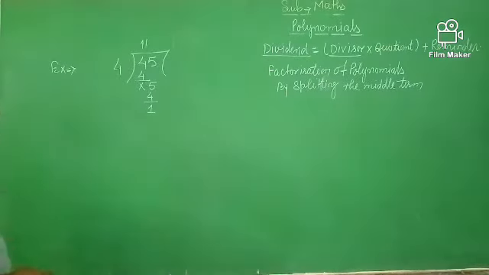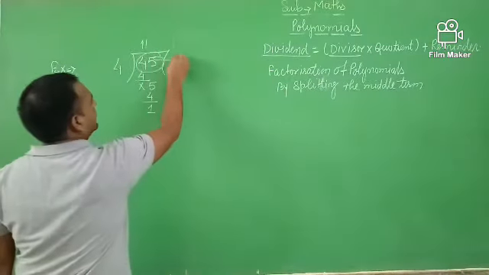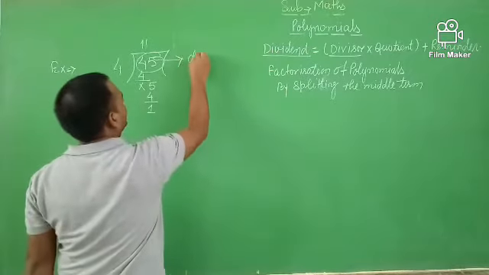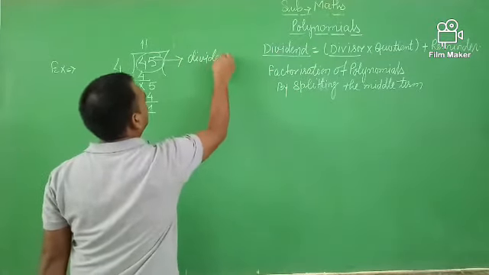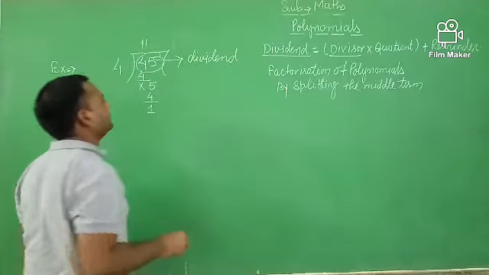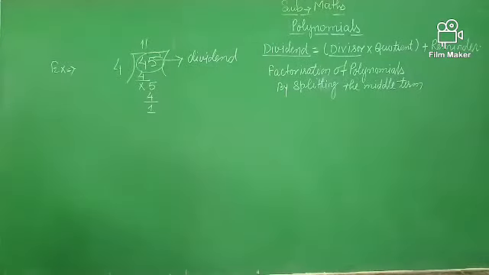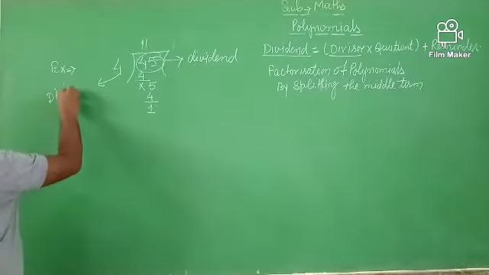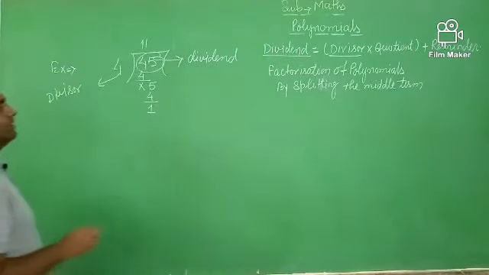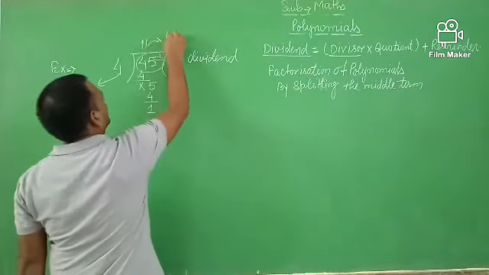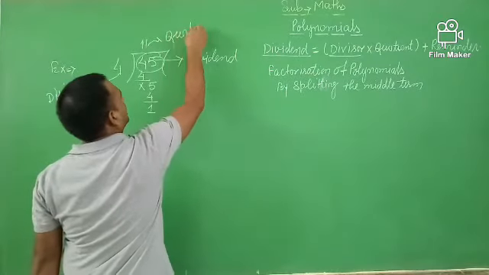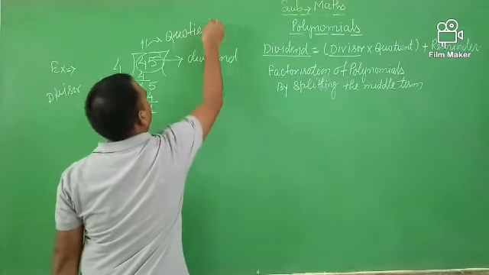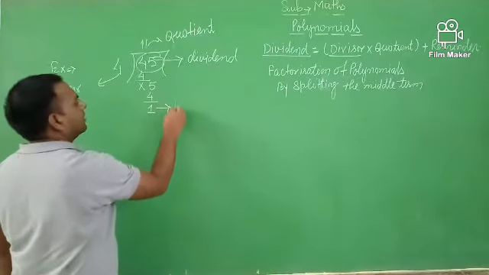So you can see here 45 is the dividend. Next, 4 is the divisor. Here 11 is the quotient. And 1 is the remainder.